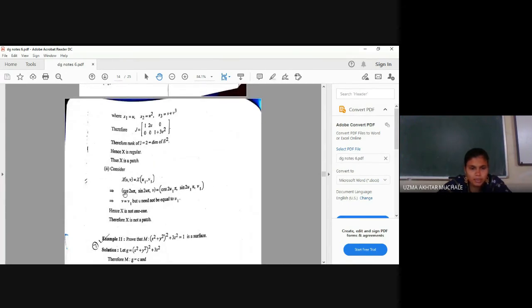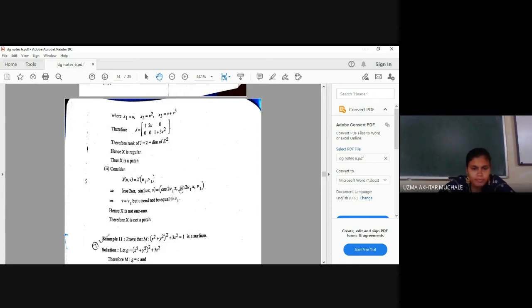Again, you can take x of u1 v1 is equal to x of u2 v2. So by coordinate-wise equality, we can have cos of 2 pi u1 is equal to cos of 2 pi u2. Similarly, we can have the second one also. But this is not possible in the provided domain. v1 is equal to v2 is possible in the third coordinate.